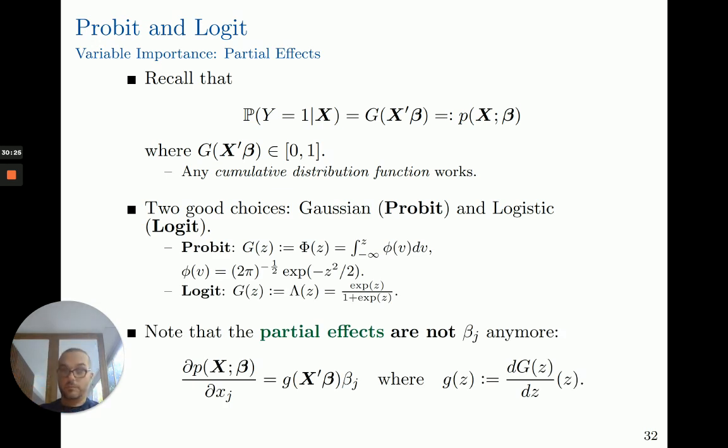But now, differently from a linear model, the partial effects are not beta anymore. If we take the derivative of p with respect to x, what we have is lowercase g times beta. So what's the partial effect?